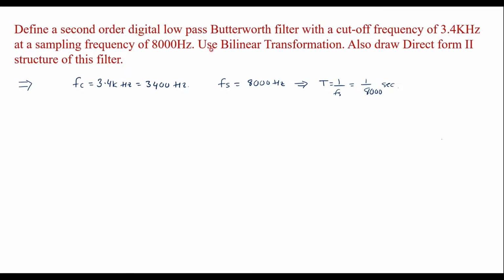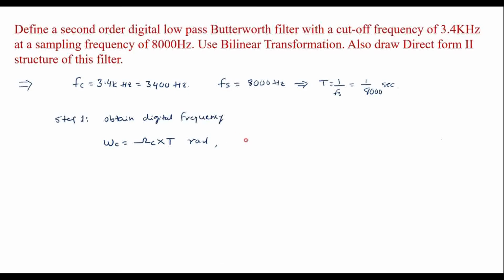So to design a digital filter using bilinear transformation, the first step is we have to obtain digital frequency. The formula is omega c is equal to omega c into T radians.